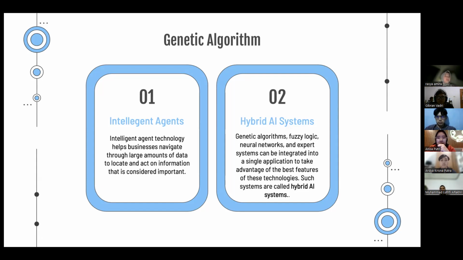Hitachi, Mitsubishi, Ricoh, Sanyo, and others are starting to incorporate hybrid AI in products such as home appliances, factory machines, and office equipment. Matsushita has developed a new fuzzy neural washing machine that combines fuzzy logic with neural networks.